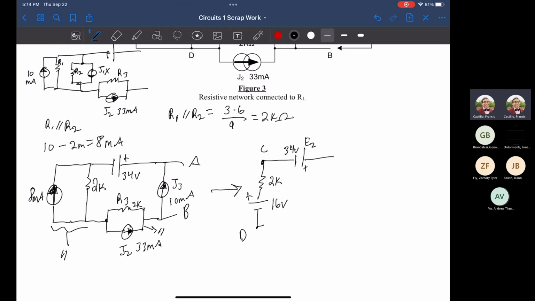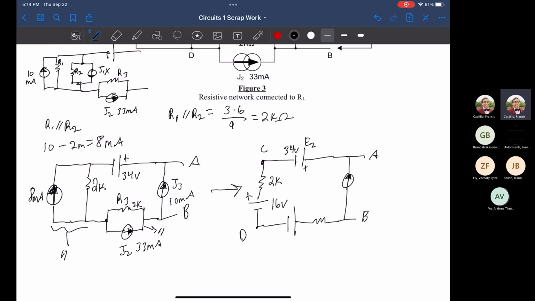Down here, we will do a source transformation again. In parallel is a resistor and current source, meaning we should get a voltage source in series with the resistor, with the arrow facing to the right side. And then here is the untouched current source that we haven't used yet.